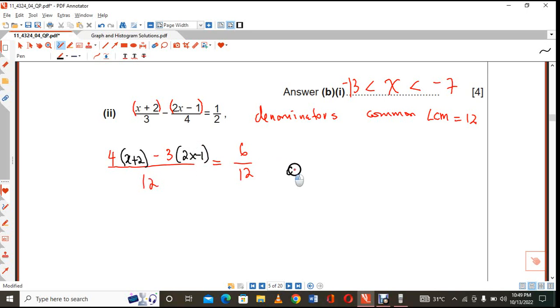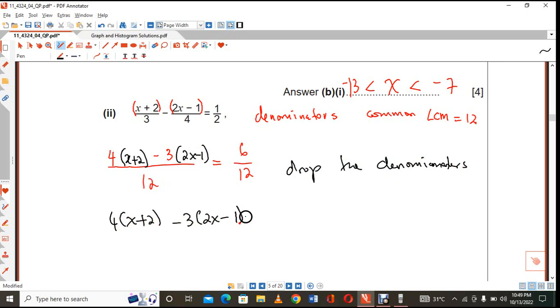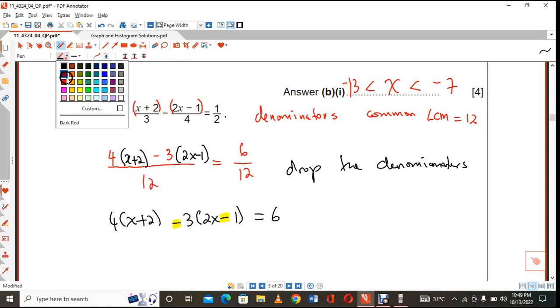Of course, now you can drop the denominators, because if the denominators are equal, then the numerators are equal. So that means 4 in bracket x plus 2, minus 3 in bracket 2x minus 1, should equal 6. Just be careful when you multiply out, the sign changes.